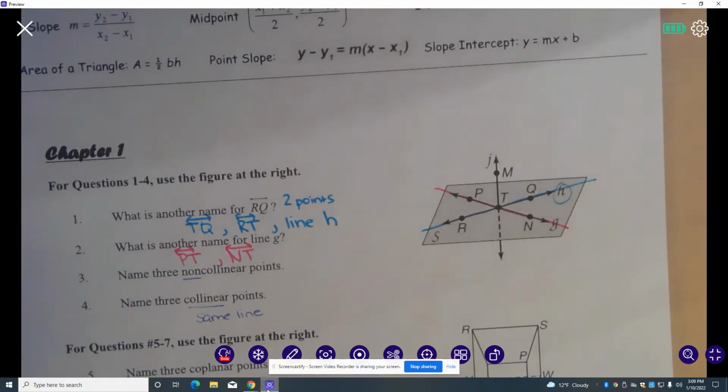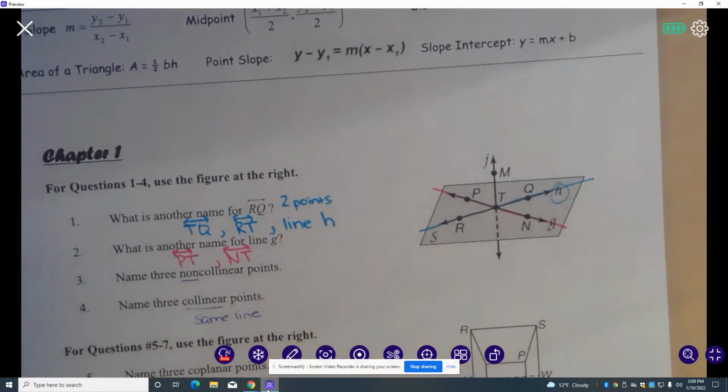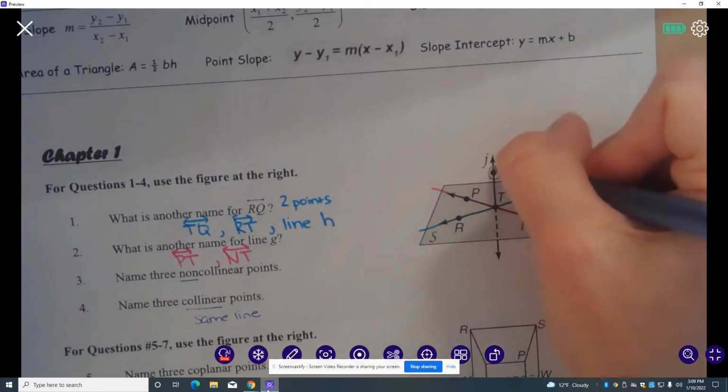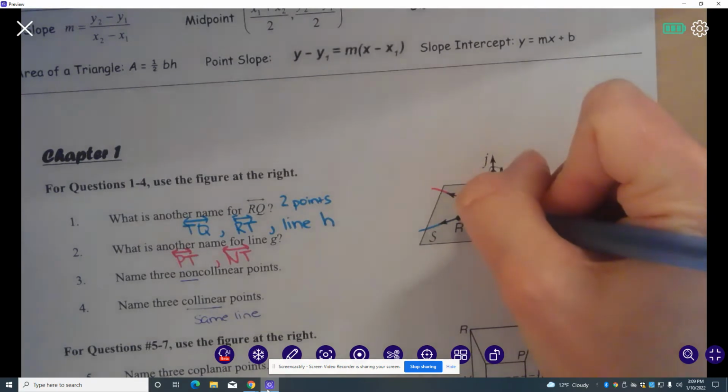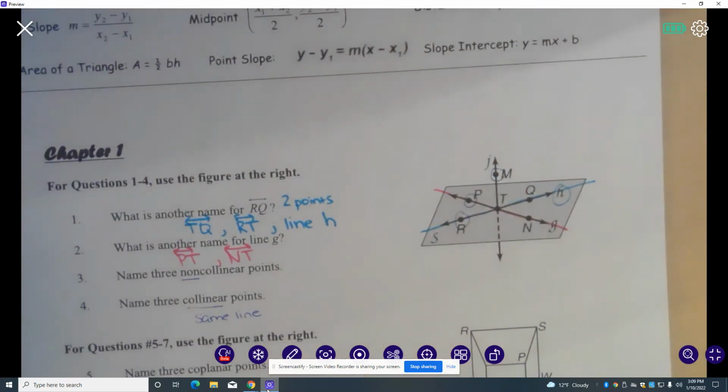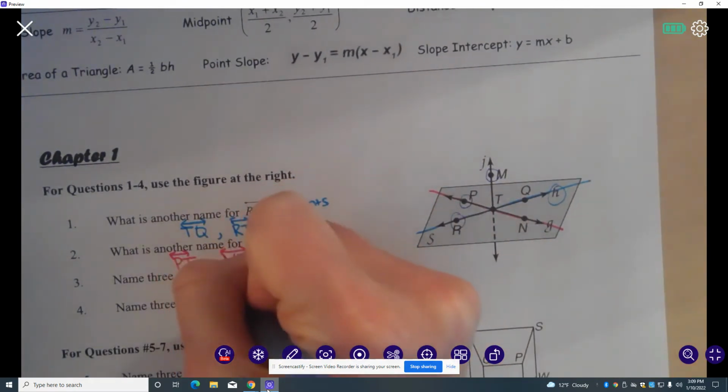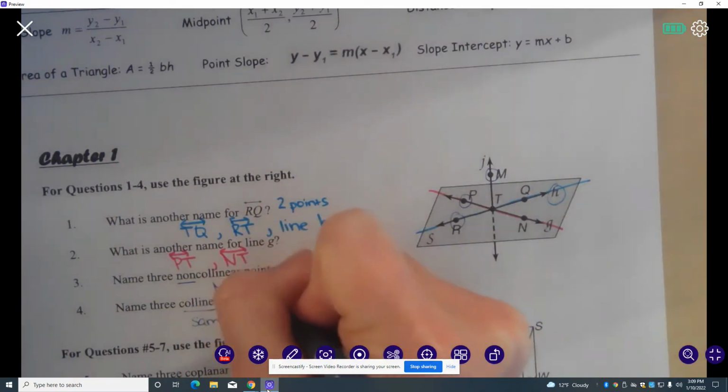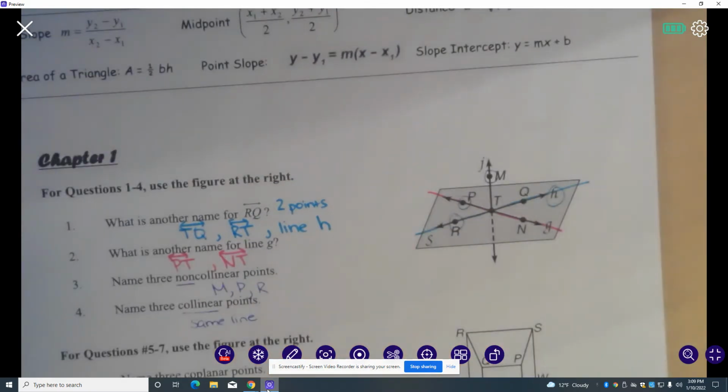So in my picture, points M, P, and R, you couldn't draw one line through all 3 of those points. So points M, P, and R would be an example of 3 non-collinear points.